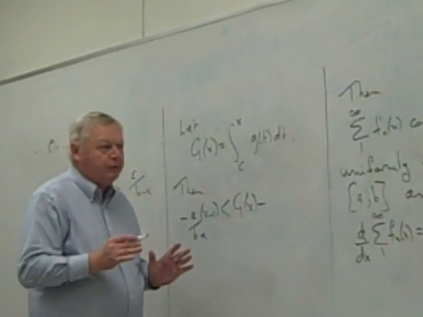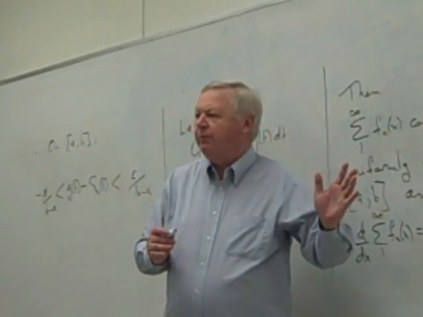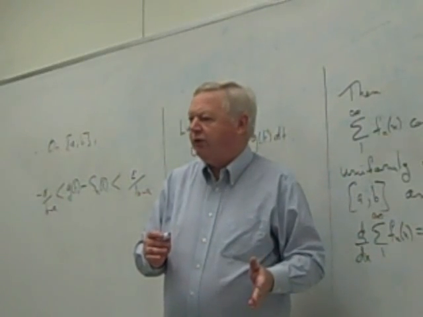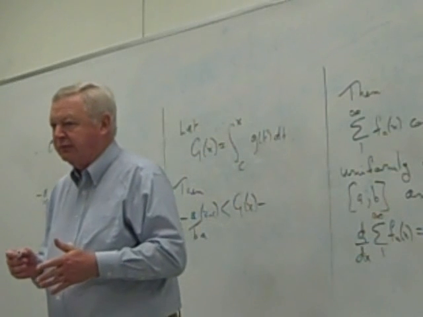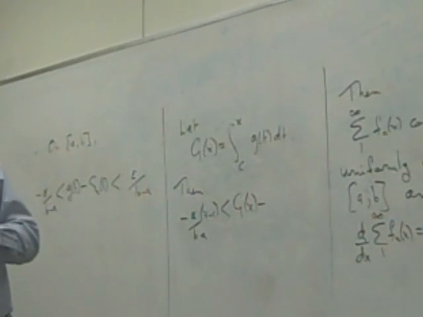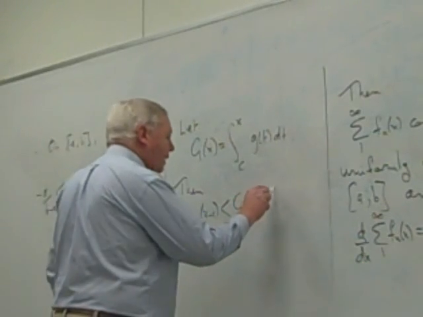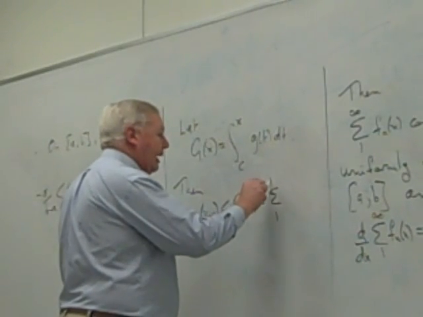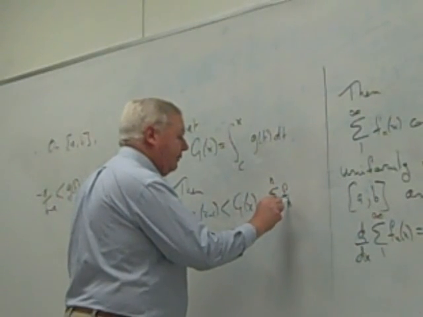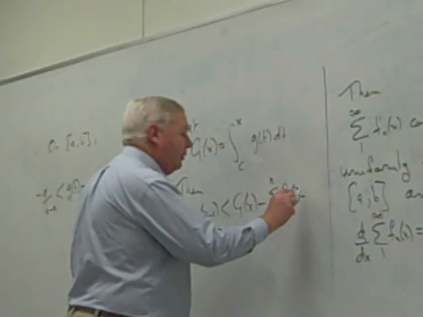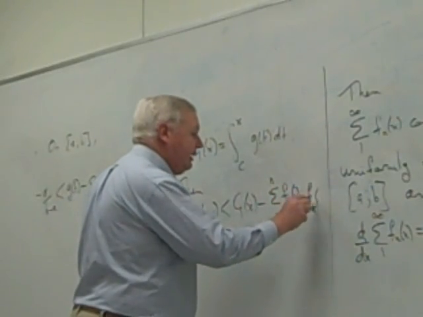Now, because I've dropped to a partial sum, I have only a finite number of terms, and so the rules of integration apply to finite sums. I can just integrate. They're all derivatives. And so when I integrate, I get the sum from 1 to n of fk of x minus fk of c.